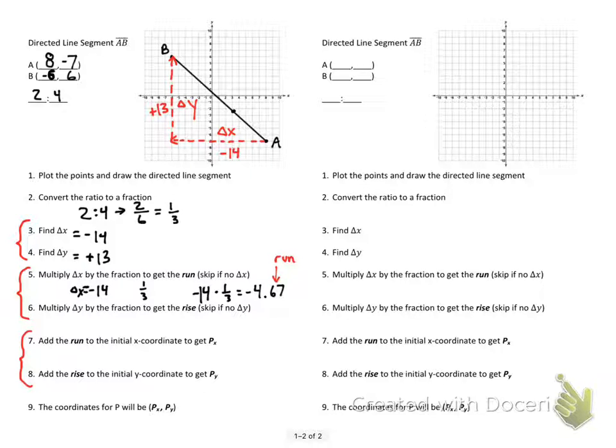Now, we know about rise and run, and so we're using that language. I don't want you to think of it exactly the same way, but you can think of it more or less very similar. So negative 4.67 means if I was going to travel all the way from A to B, I'd have to go to the left in the x direction 14. I'd have to go negative 14.